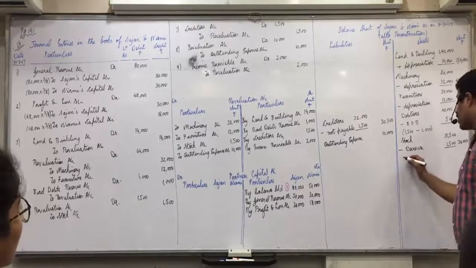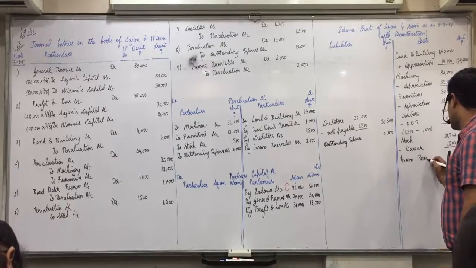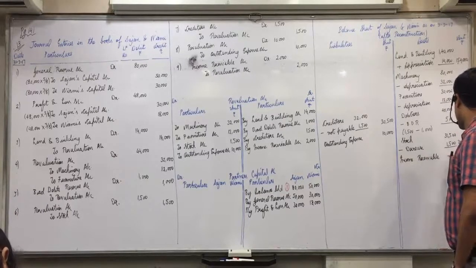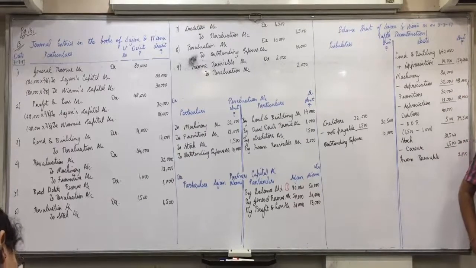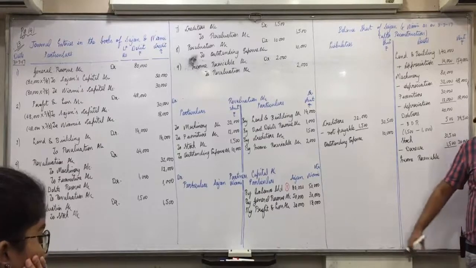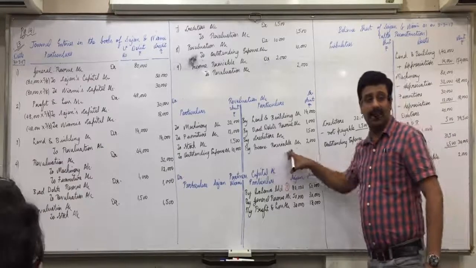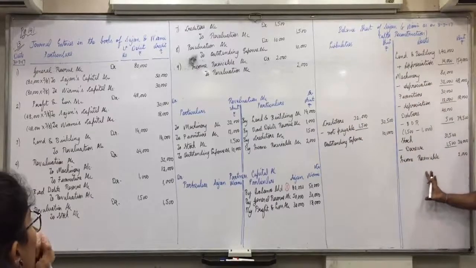An income receivable will come on asset side 2000. Income receivable will come on asset side 2000. Any confusions in this? Okay, to revaluation, so revaluation credit side by income receivable, and income receivable will come on asset side 2000. Did you write this down?